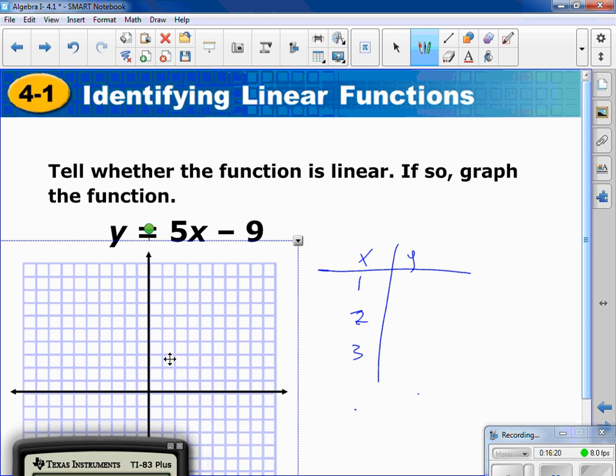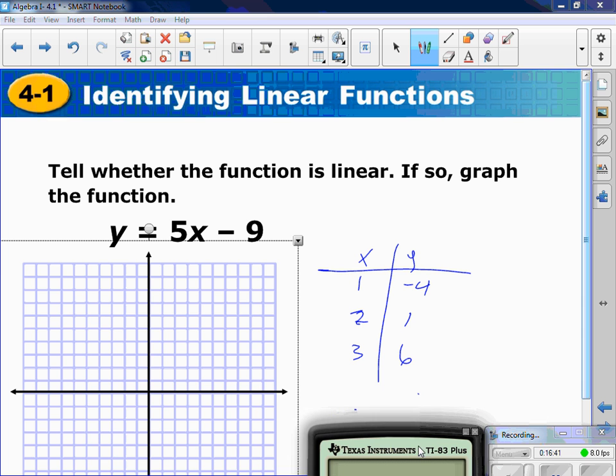What's 5 times 1? 5 minus 9. It's negative 4. 2 times 5 is 10, minus 9 is 1. 5 times 3 is 15, minus 9, 6. So 1, negative 4, and of course my calculator's in the way.